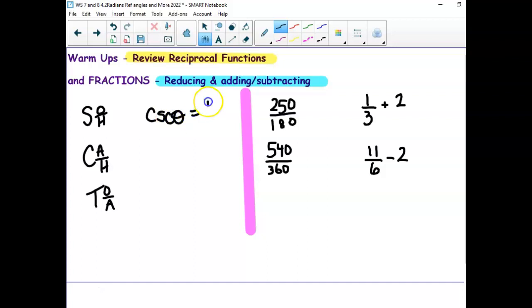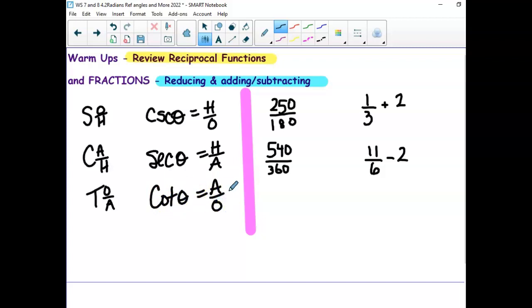Cosecant, which would mean hypotenuse over opposite. The flip of cosine is secant, which would be hypotenuse over adjacent. And the flip of tangent is cotangent. So everybody's going to have those memorized, right?